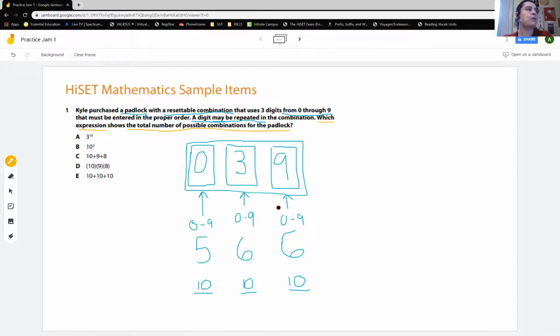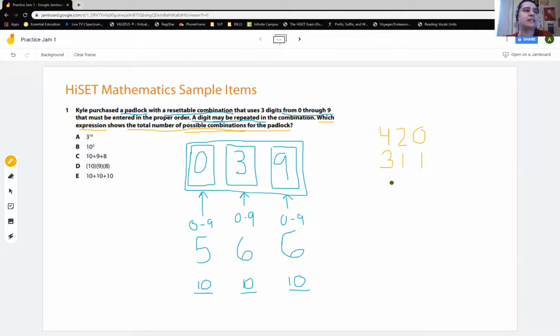Okay, so let's think about what that means. The total number of possible combinations. Well, let me just brainstorm a few possible combinations. So we could have a 4, a 2, and a 0, right? So that's one possible combination. Another one might be a 3, a 1, and a 1, because remember, digits may be repeated.